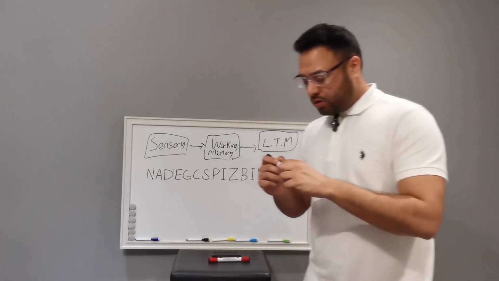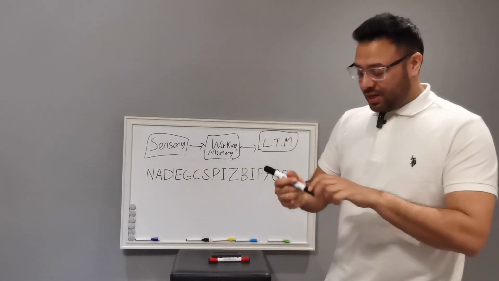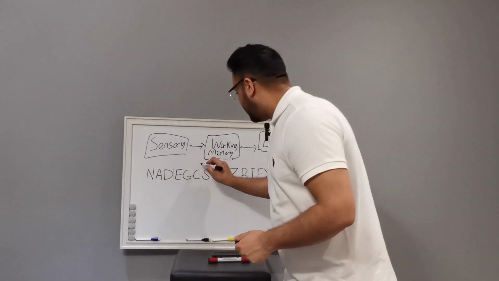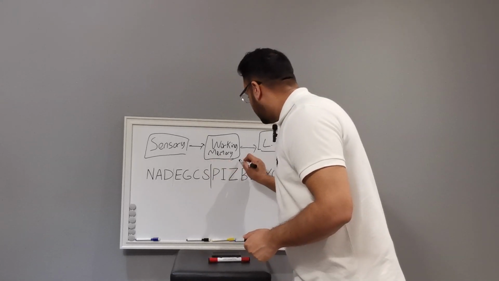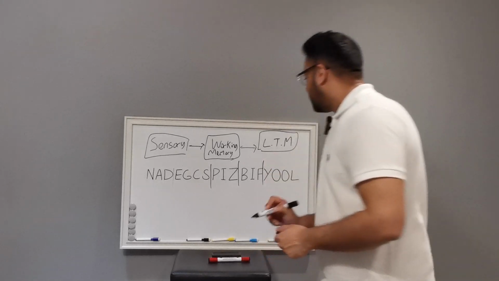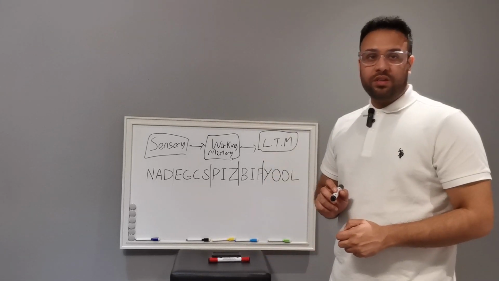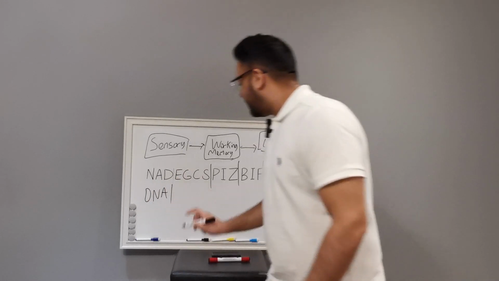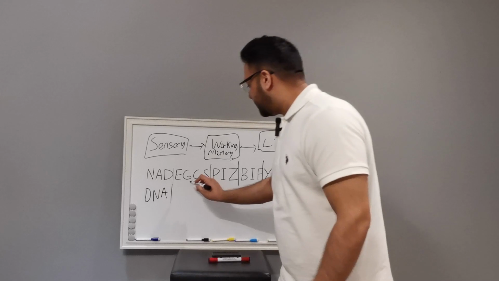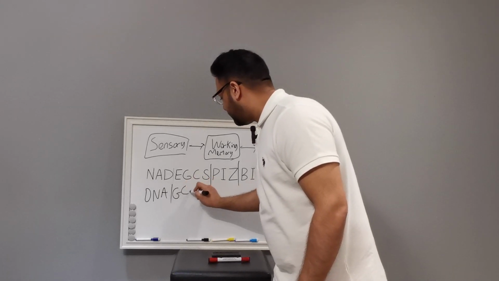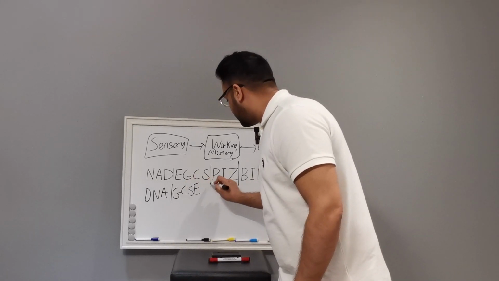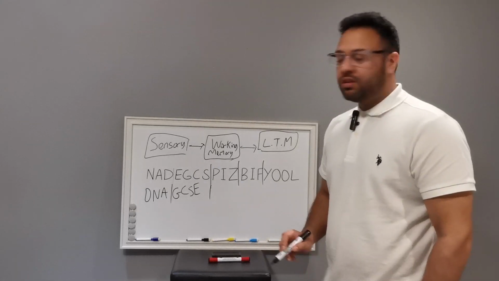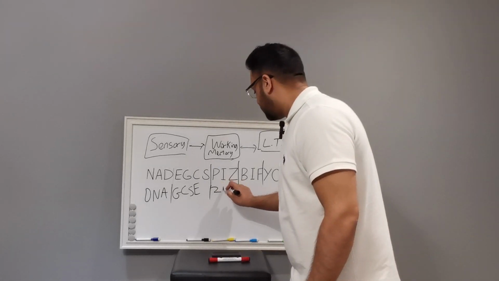We're now going to break it down and reduce the cognitive load by simply putting meaning into these words. NAD becomes DNA. EGCS becomes GCSE. PIS could become ZIP.